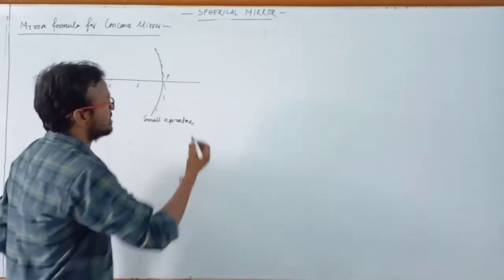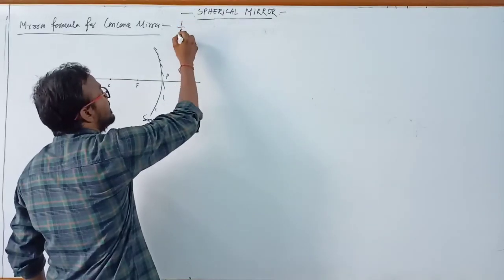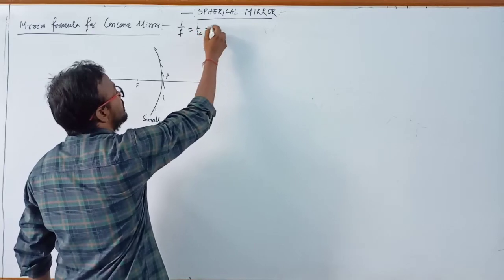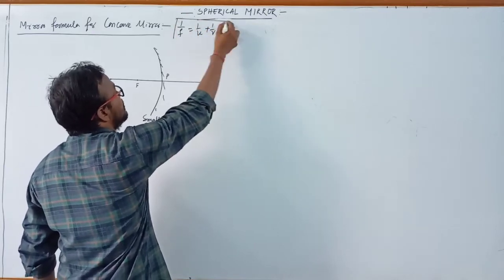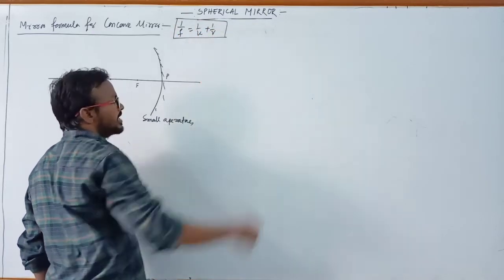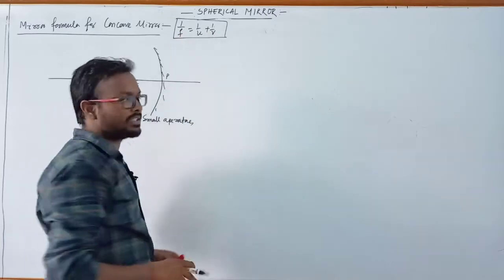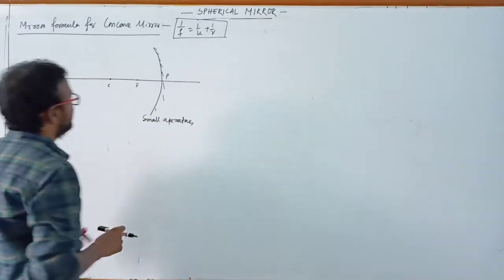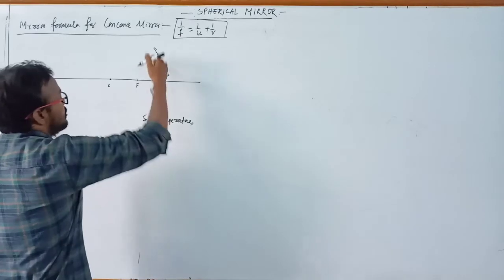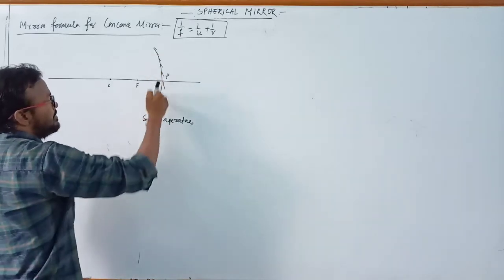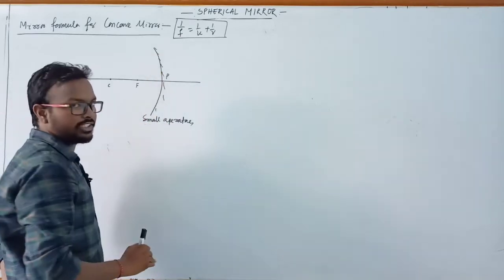You already know what the mirror formula is: 1 by F equals 1 by U plus 1 by V. What are U and V? U is the object distance, V is the image distance, and F is the focal length. So suppose there is a concave mirror of small aperture.